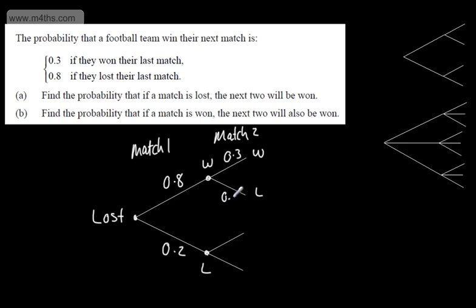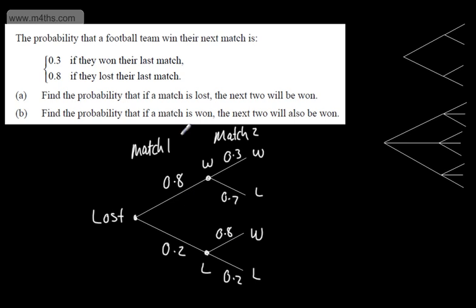Here it's 0.7. If we look at this one, we've got win and lose. They've lost their last match, so the probability that they win is 0.8, and the probability that they lose is therefore 0.2. So this is given something has already happened, so you can see a slight variation.